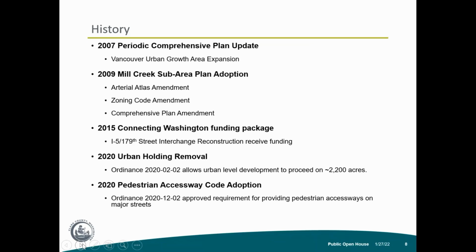In 2015, the Washington State Legislature directed funding to reconstruct the I-5 179th Street interchange. And then in 2020, urban holding overlays were removed. This allowed urban development and subdivisions of that land to occur. And as you've seen, there are significant subdivisions currently being built today. Next slide.